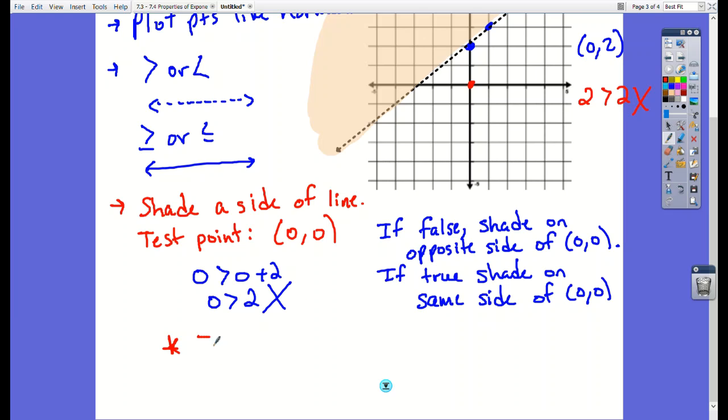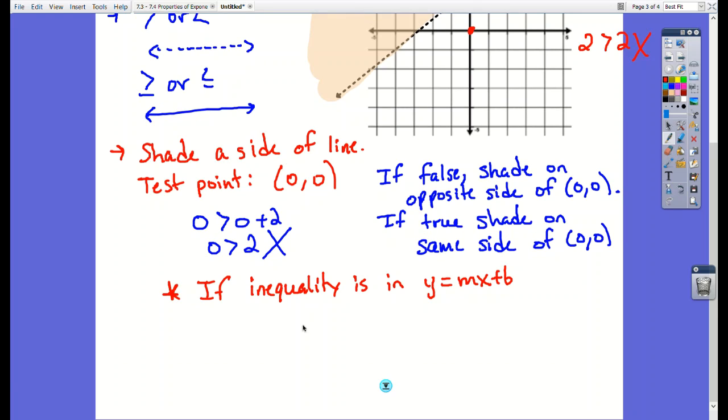If the inequality is in slope-intercept form, that's the y equals mx plus b, or in this case, y is greater than mx plus b. So if it's in this form, y by itself, greater than or equal to means shade above the line, less than or equal to means shade below.